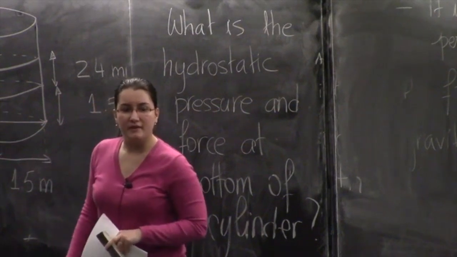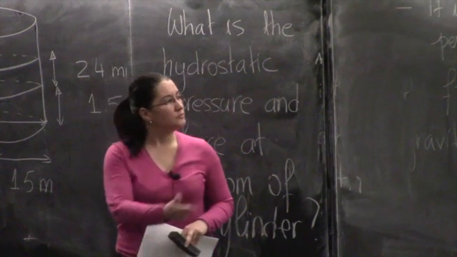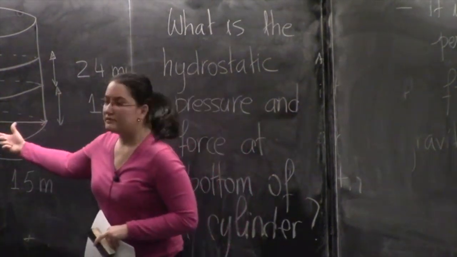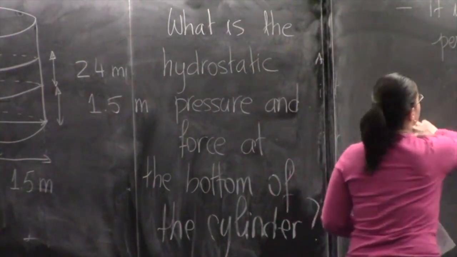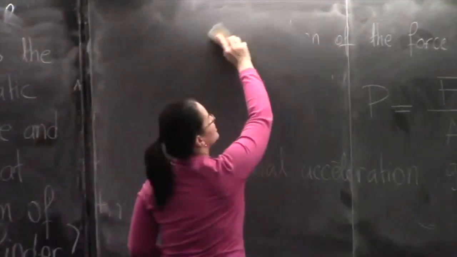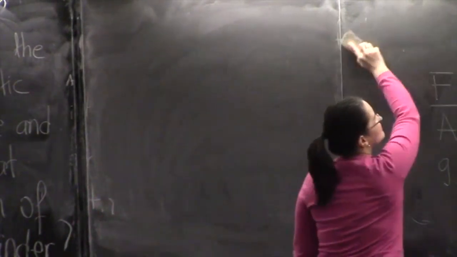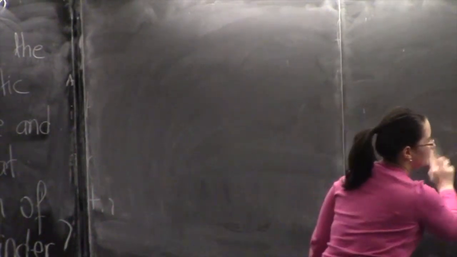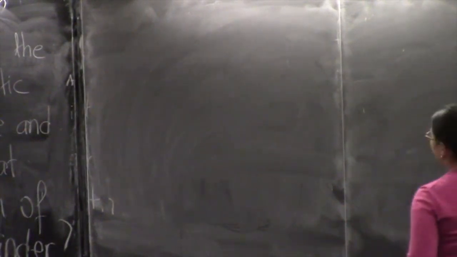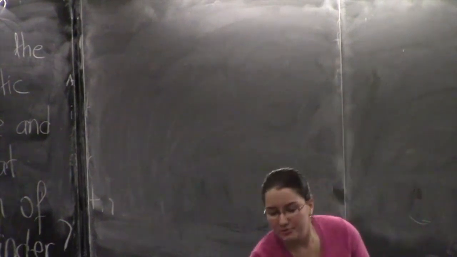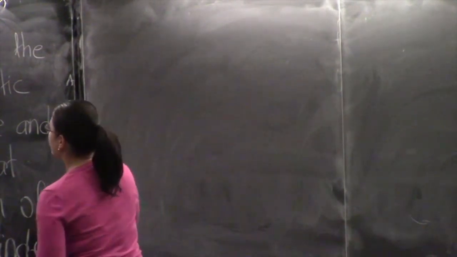And to compute the force, all we need to do is to multiply the pressure by the area of the bottom. So let's do just that. You'll see that the example over here is quite easy, but the computations are not so easy. Those numbers are not really very well chosen, and I'll help you with the final computations because I don't want to lose too much time with the example.